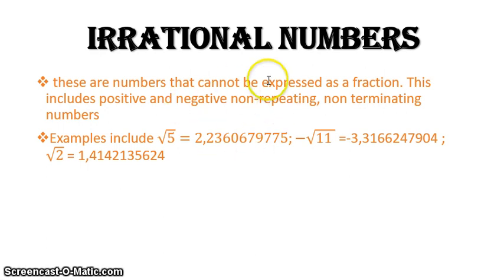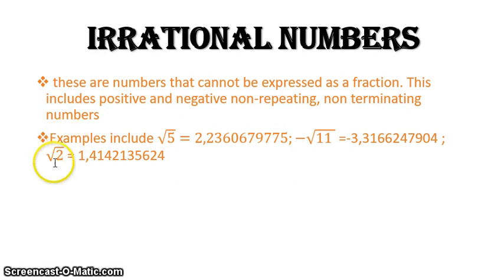But exactly, this is an irrational number. Also, negative root 11 is equal to negative 3.3166247904. As you can see, the numbers after the comma are non-repeating, so it is impossible to express that number as a fraction.